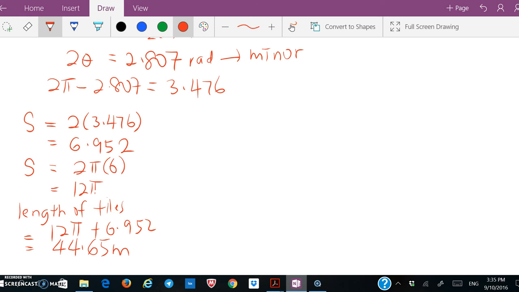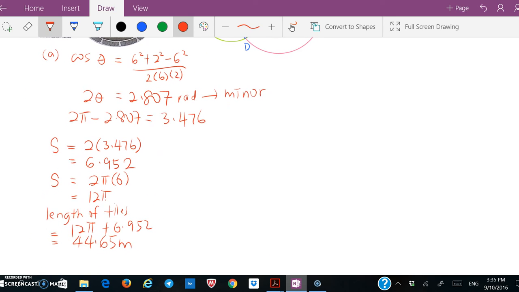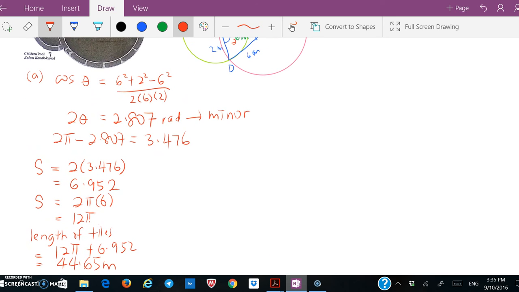Okay, this is the answer for part A in order to find the length of tiles.